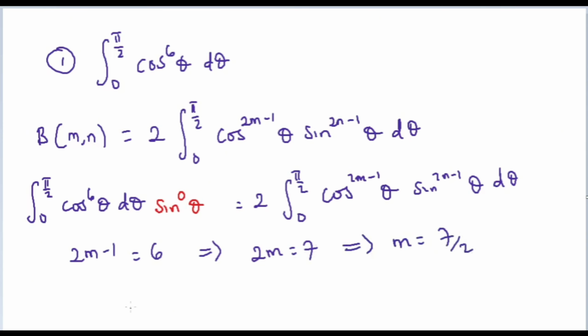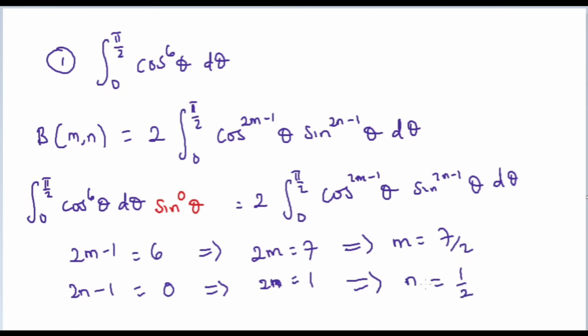If I compare the ones for sine, it means that 2n minus 1 will be equal to 0. Then it implies that 2n is equal to 1. This means that n will be equal to 1 over 2.